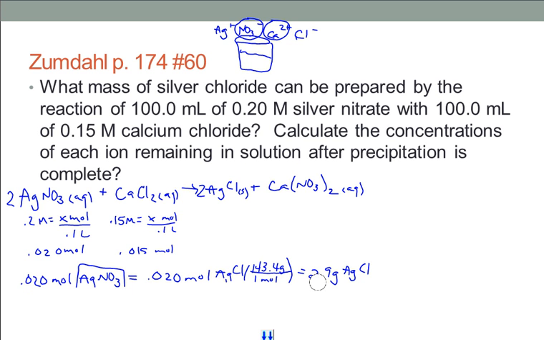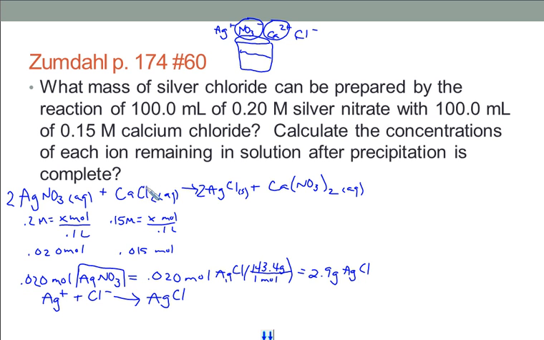So I'm just going to write my net ionic equation is Ag+ plus Cl- producing AgCl solid. Okay? We know that the silver is the limiting reactant from up here. So I will have no silver left in solution. However, chloride is coming from my excess reactant. So there is going to be excess chloride ions.